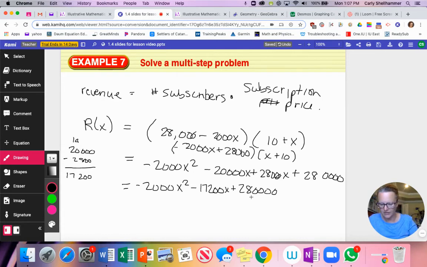I know I can factor out at least the zeros. Okay, that's all even. So I'm going to go ahead and factor out. I always factor out a negative when there's a negative leading. That leaves me with x squared plus, I can get rid of half of it.